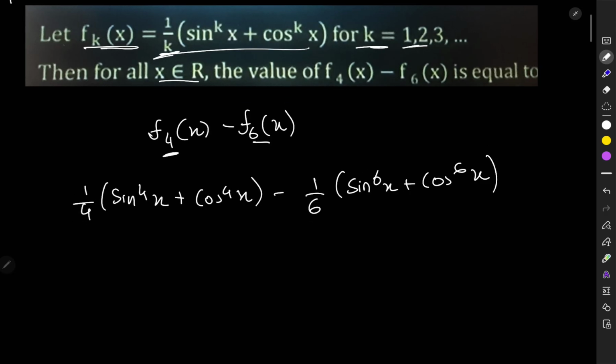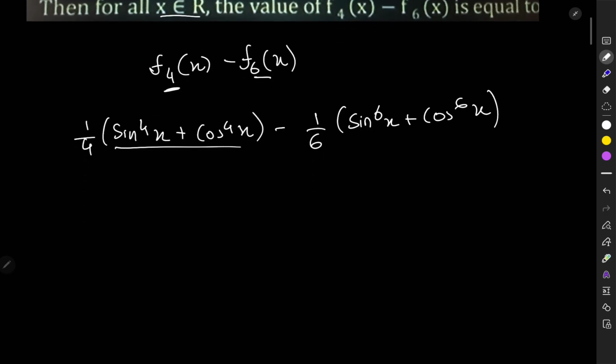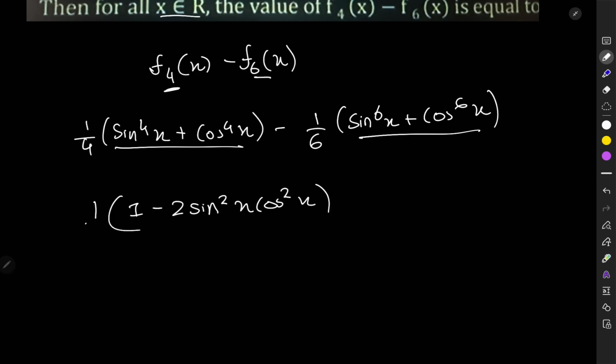So I can further convert it as, this you must have studied right now before, I can convert it to 1 minus 2 sine square x cos square x, right? 1 by 4 minus 1 by 6, 1 minus 3 sine square x cos square x, right?